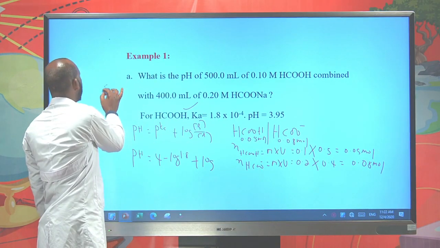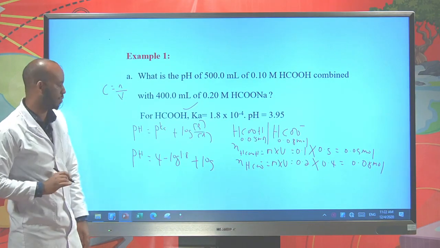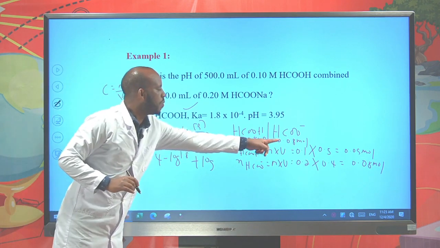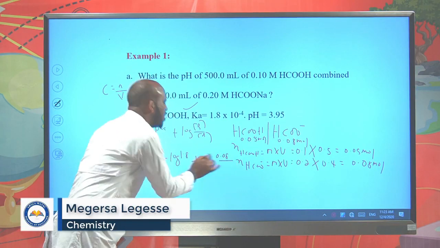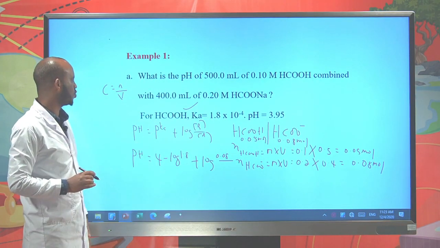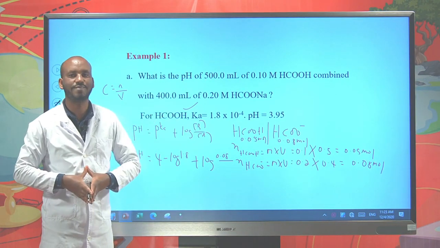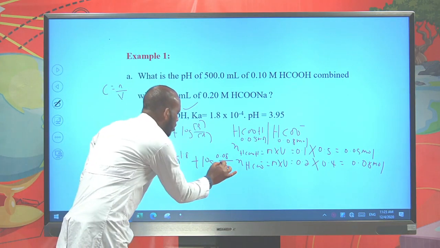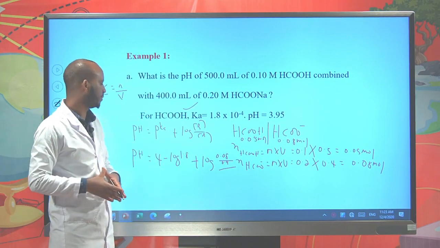Concentration by definition is number of moles divided by total volume. Number of moles of formate ion is 0.08, divided by the volume of the buffer solution, which is 500 milliliters plus 400 milliliters, 900 milliliters. In liters, 0.9 liter, divided by the acid concentration.